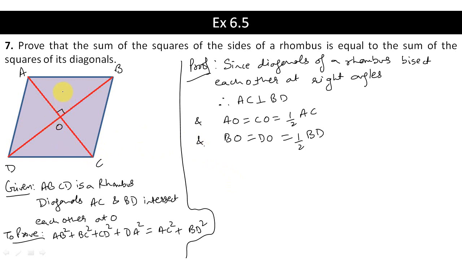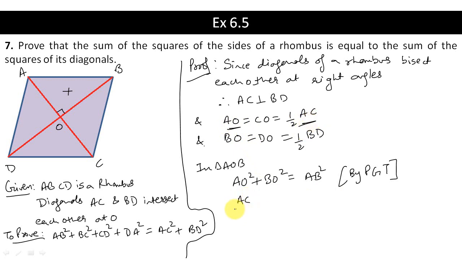So we'll consider only one right triangle. Let us consider triangle AOB. In triangle AOB, AO square plus BO square is equal to AB square by Pythagoras theorem. So in place of AO, I can write half of AC, plus BO, this is half of BD, is equal to AB square.